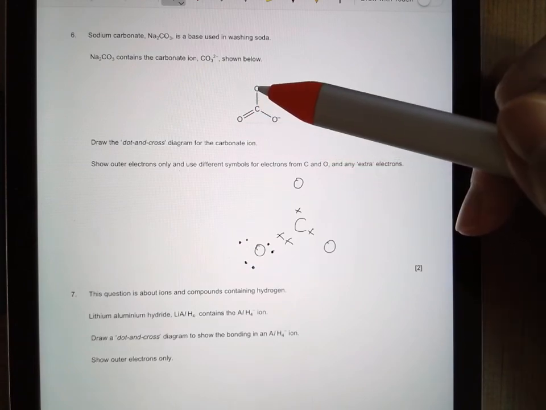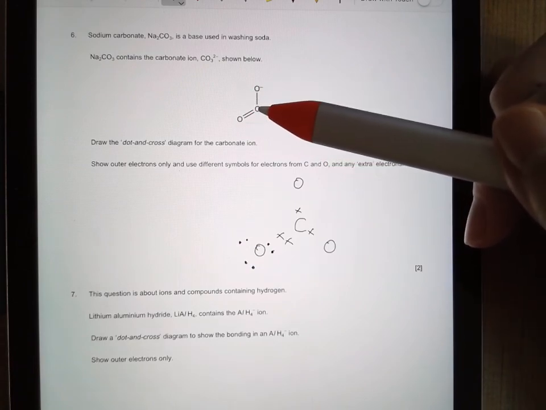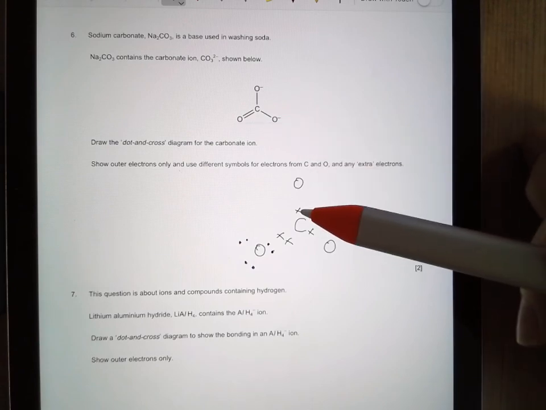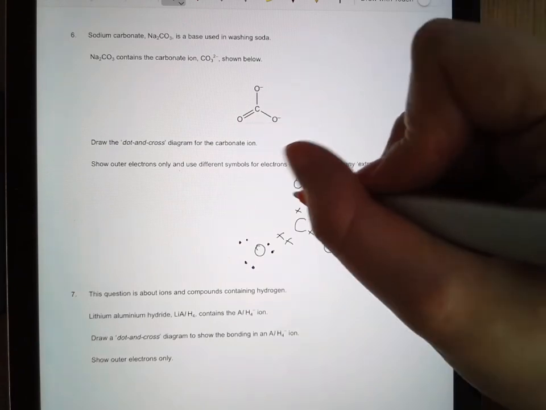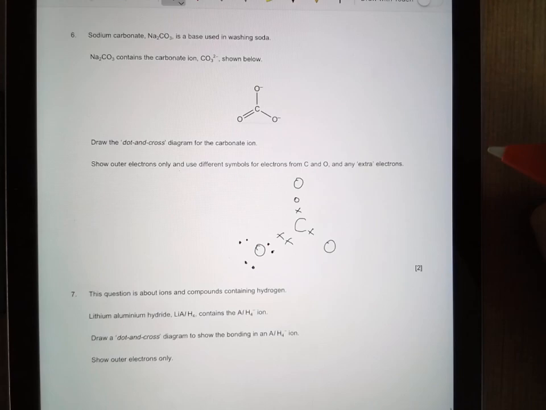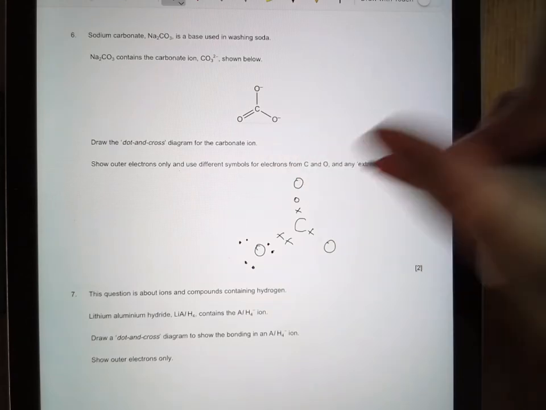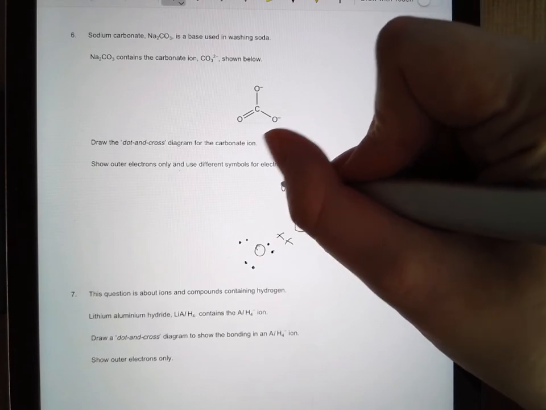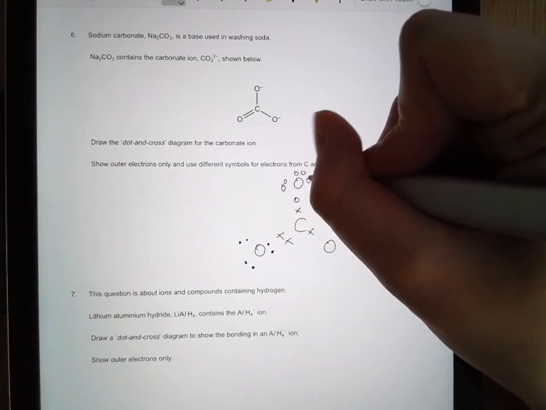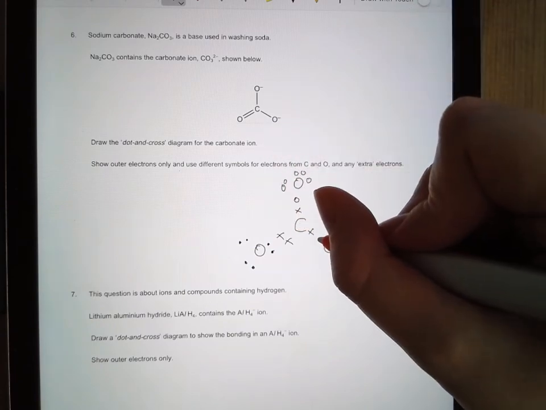So when I'm looking at this oxygen, I can see that it's formed a single bond with carbon. Carbon's contributed 1 electron to that bond. This oxygen is also going to contribute an electron to that bond. Oxygen has another 5 electrons because it's got 6 in total. So I'm going to draw 1, 2, 3, 4, 5. This oxygen is also doing the same thing.